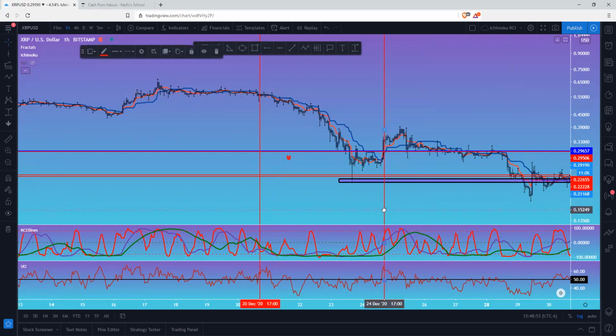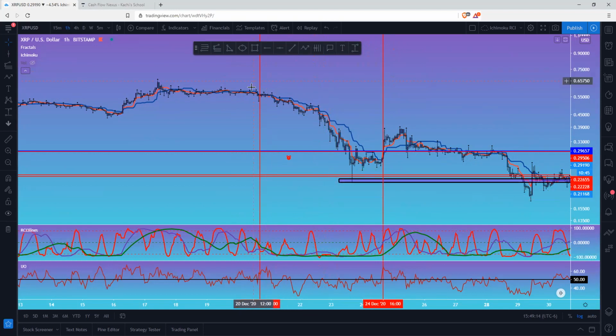From here to here, we could have held that trade. Wow, that's crazy, in 4 days, depending on the lot size too. And that's using just the two lines.